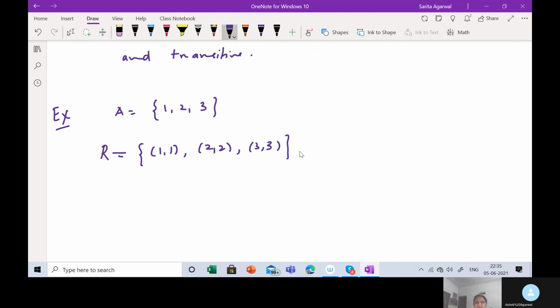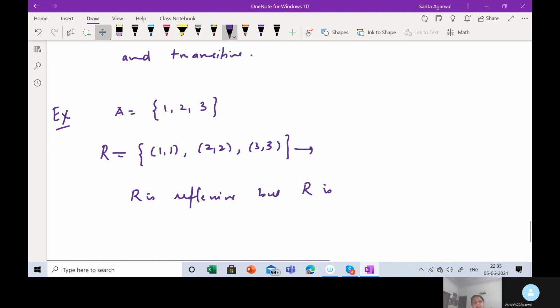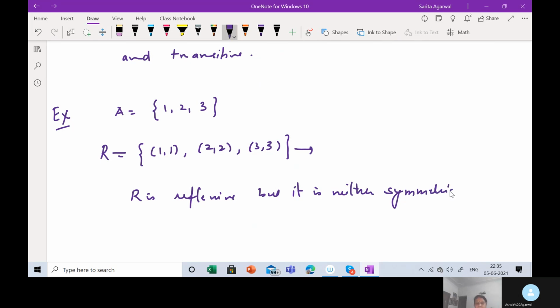This is an example of reflexive. We say R is reflexive, but R is neither symmetric nor transitive; it is reflexive only.